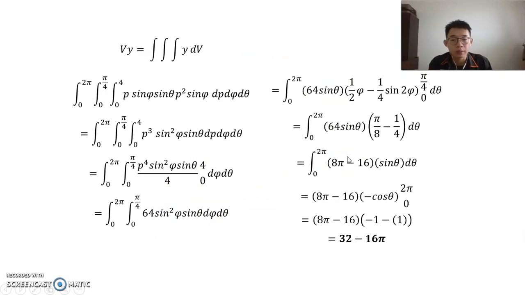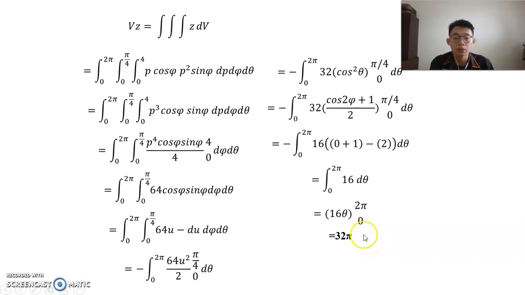For the volume in terms of the xz plane, we are going to change it to spherical coordinates, which is the triple integral of rho sine phi sine theta times rho squared sine phi d rho d phi d theta, and then we just solve it like normal, and we are going to get 32 minus 16 pi.